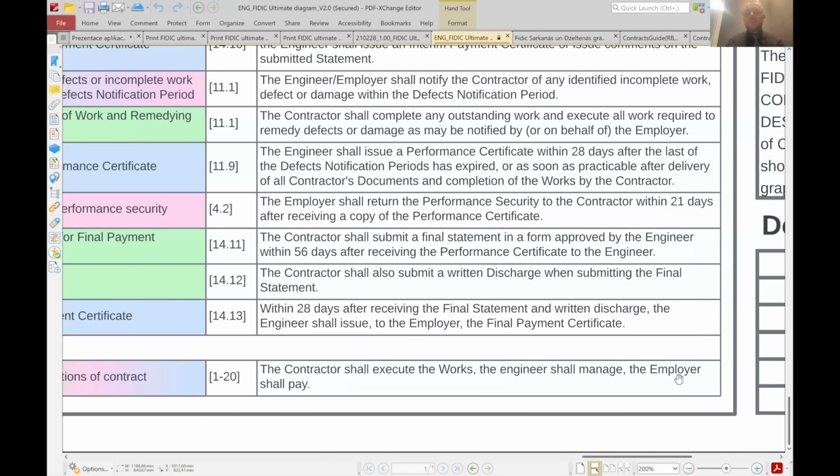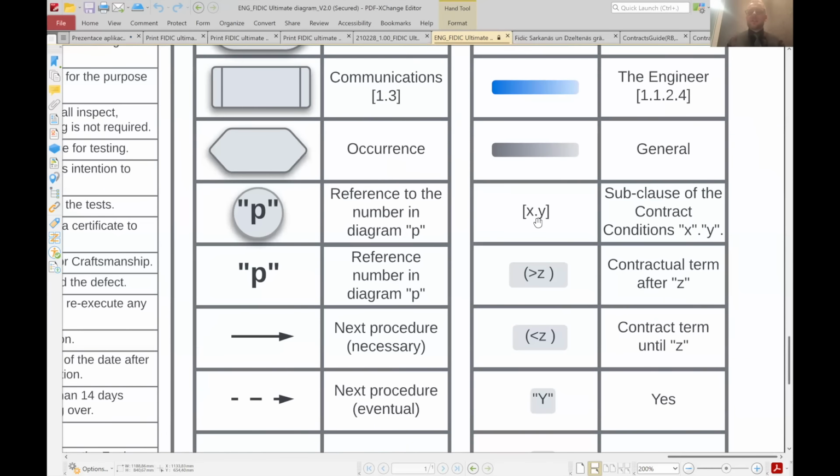So let's move to other questions and other symbols. The gray one is just the general color. Every time you see these symbols, it's some kind of subclause, a subclause in the Fidic. You can read it and try to understand more why this symbol is referencing this subclause.